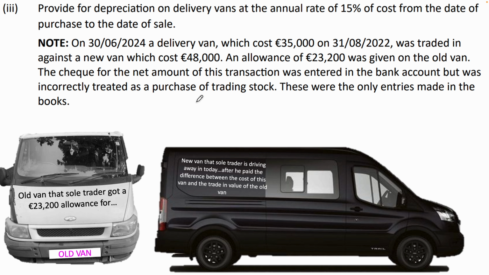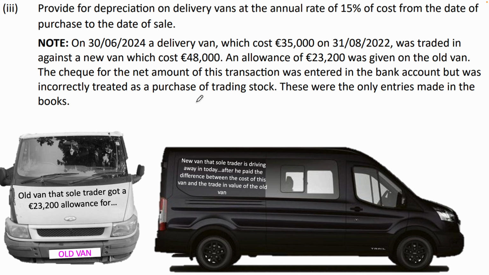Note, on the 30th of the 6th, 2024, a delivery van which cost 35,000 euro on the 31st of the 8th, 2022 was traded in against a new van which cost 48,000 euro. An allowance of 23,200 euro was given on the old van. The cheque for the net amount of this transaction was entered in the bank account but was incorrectly treated as a purchase of trading stock. These were the only entries made in the books.